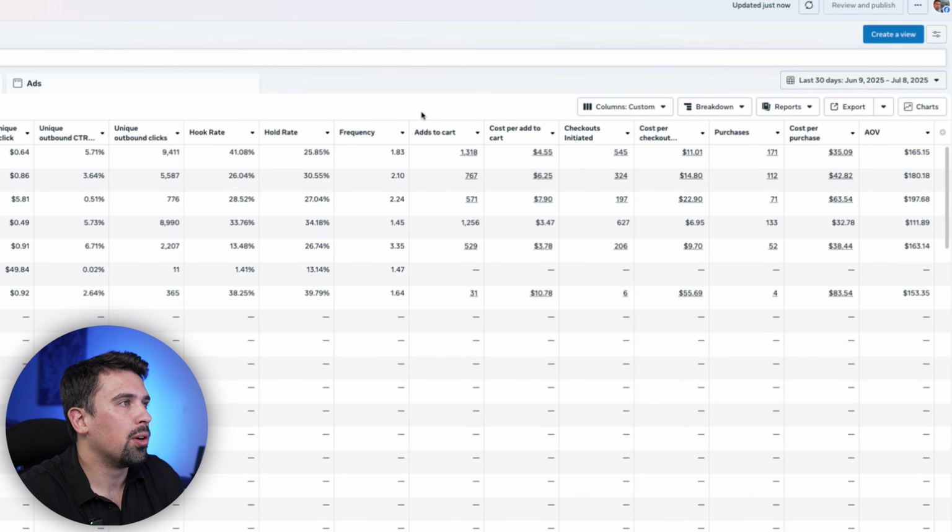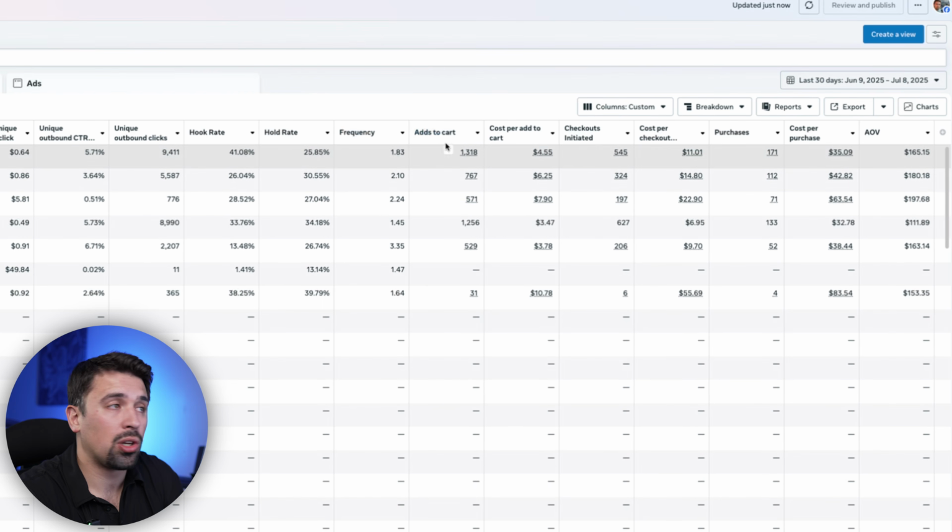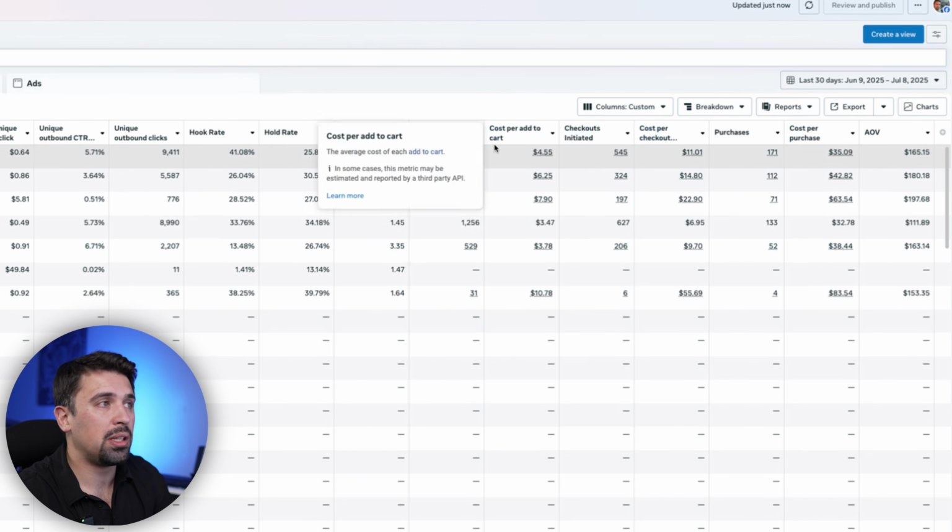Here we can see how many adds to cart we're getting and how much it's costing us to get somebody to add to cart. Then the number of initiated checkouts we have, how much it's costing us to get that, and how many purchases we have, right? For me, it's super important to be able to assess the ratios between these.